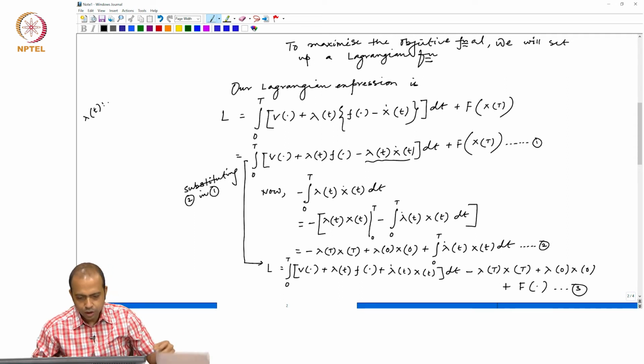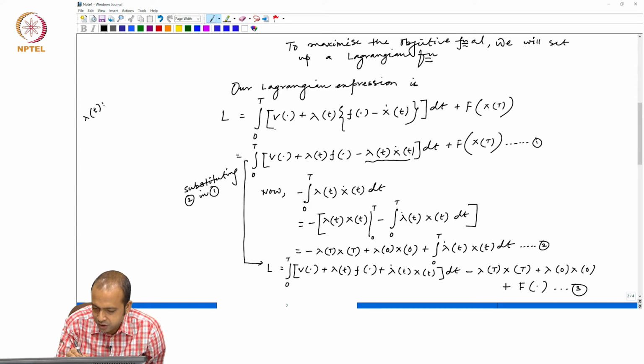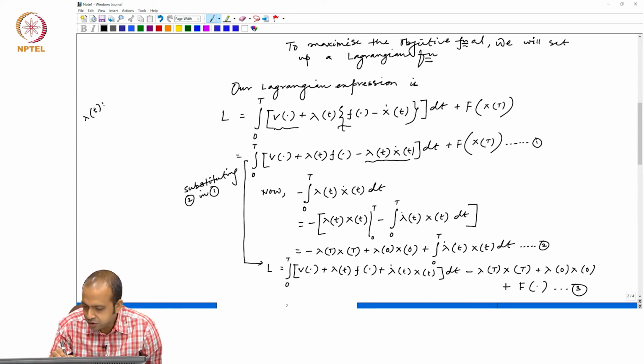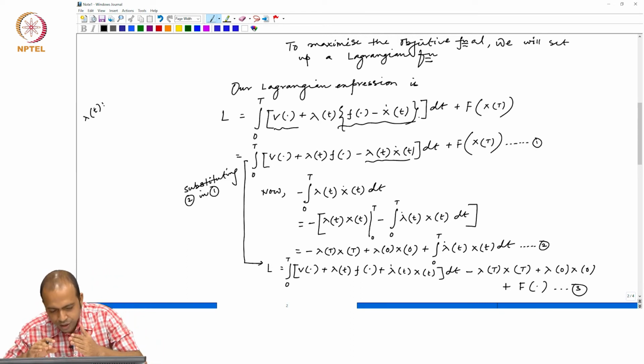Right. Now, here what we can see in this entire function, this v is some flow benefit, and here it is some kind of change.